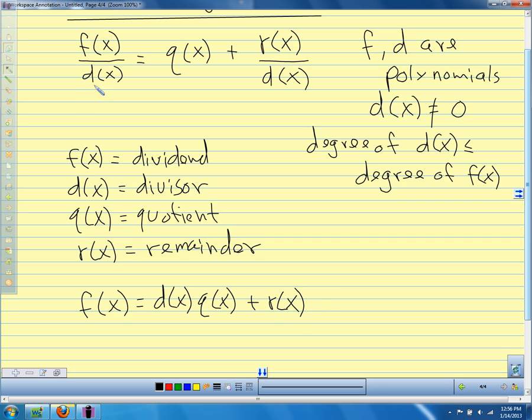So if I multiply both sides of this equation by the divisor, then I get this equation. So this is just what we wrote when we did our division algorithm. We wrote it out this way. We can also write it out this way.